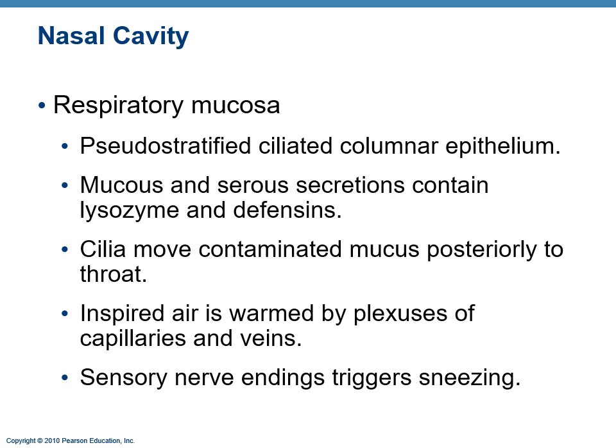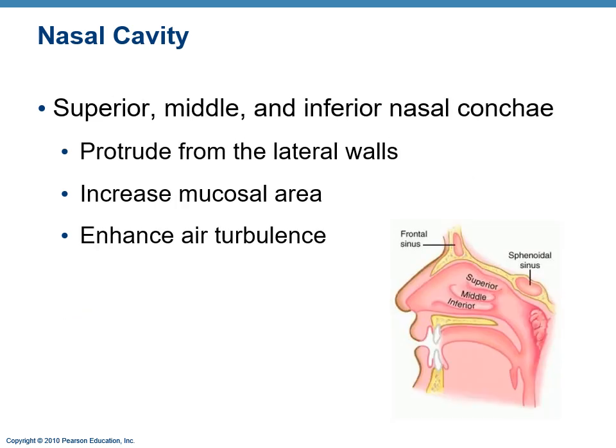Inspired air is warmed by plexuses of capillaries and veins within the respiratory mucosa. And the respiratory mucosa also contains sensory nerve endings, which trigger sneezing if any particulate matter enters, to get it out.